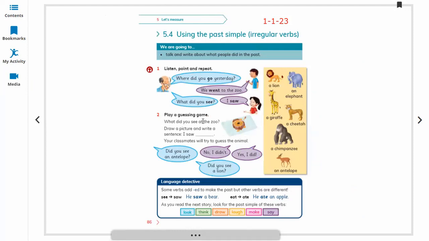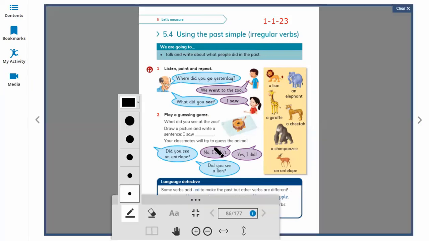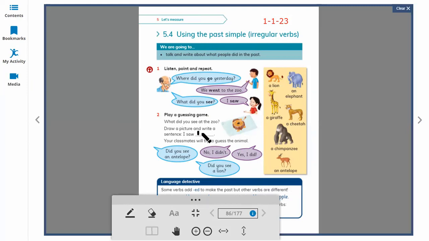Play a guessing game. What did you see at the zoo? Draw a picture and write a sentence. I saw a lion. You can say I saw a lion, as you can see in the picture. So write with me, boys. I saw a lion.